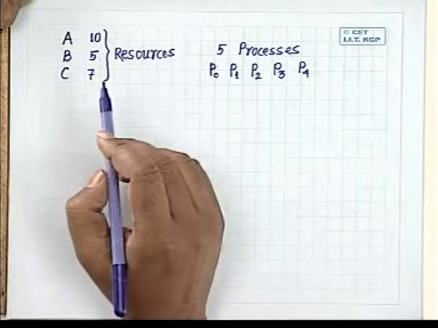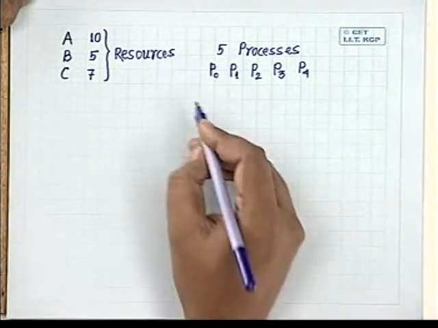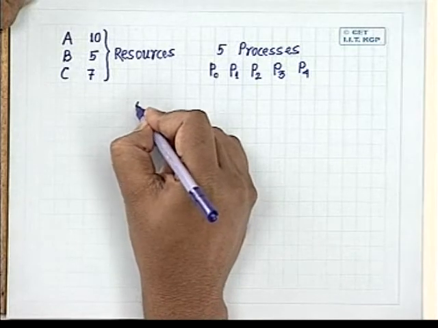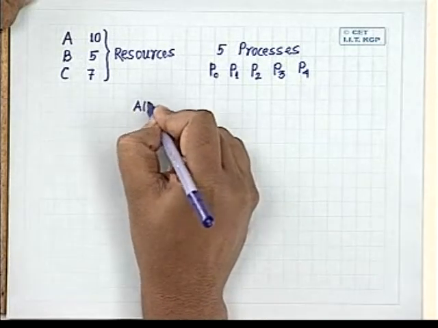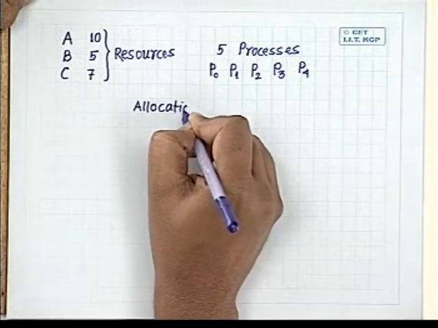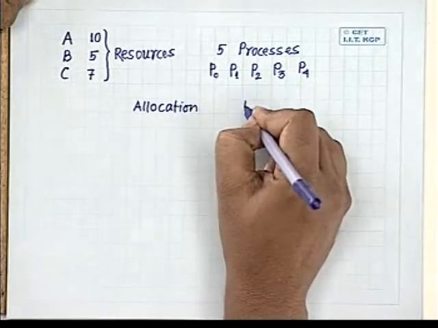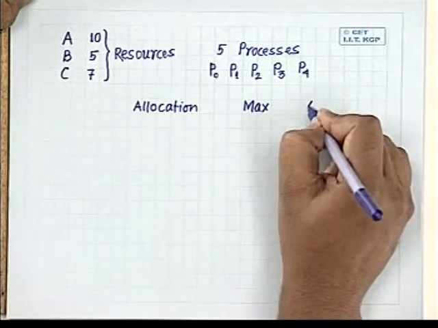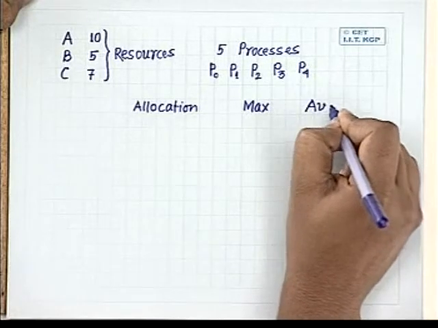So I'll put them in the form of a matrix. Suppose I have allocation, max, and here I put available.